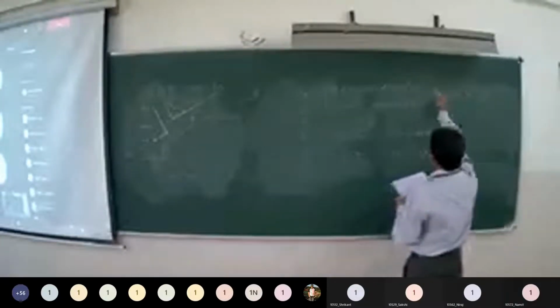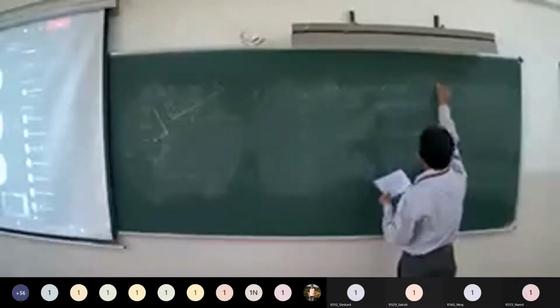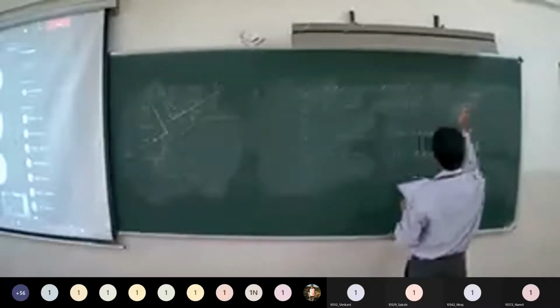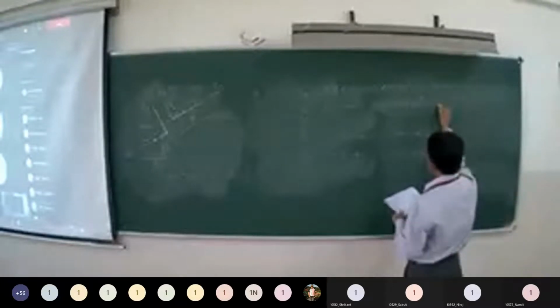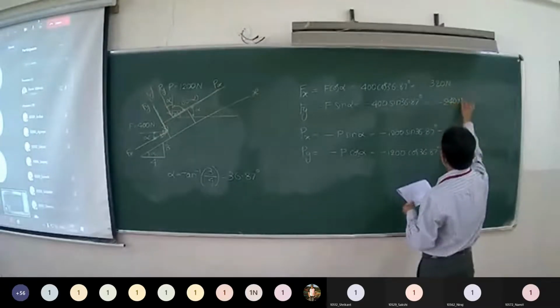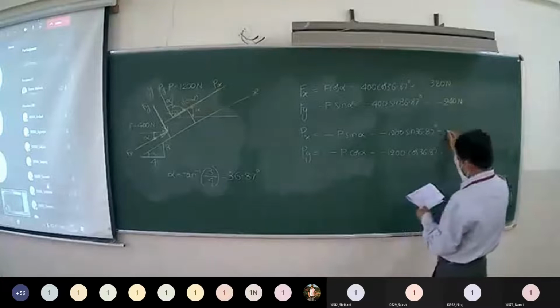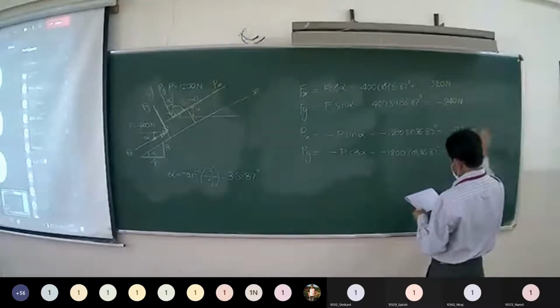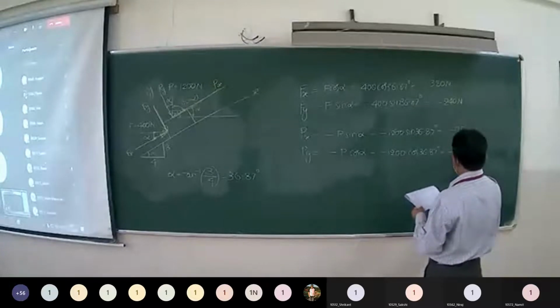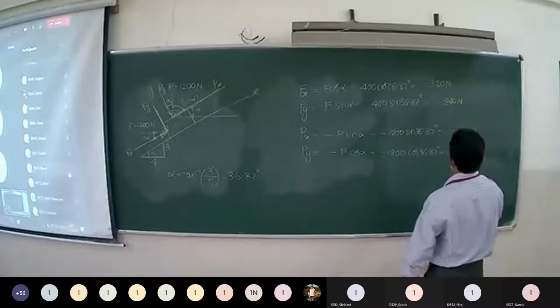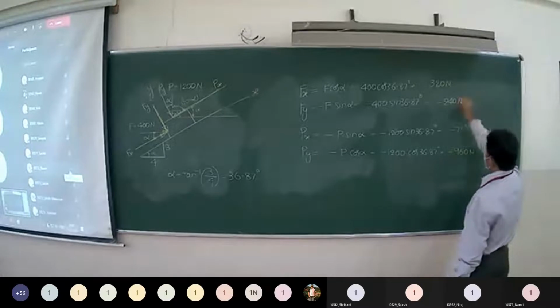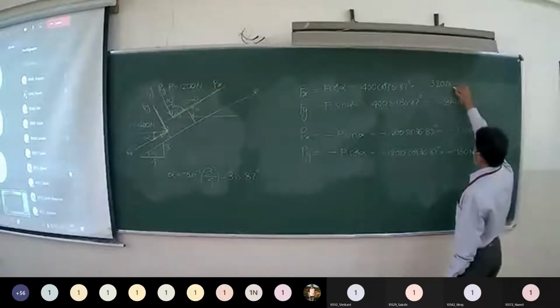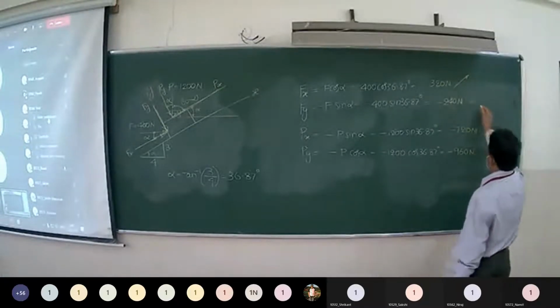So what are the answers now? Fx is 320 Newton, Fy is minus 240, Px is minus 720, Py is minus 960. So here plus 320 means it is acting towards right along the plane.